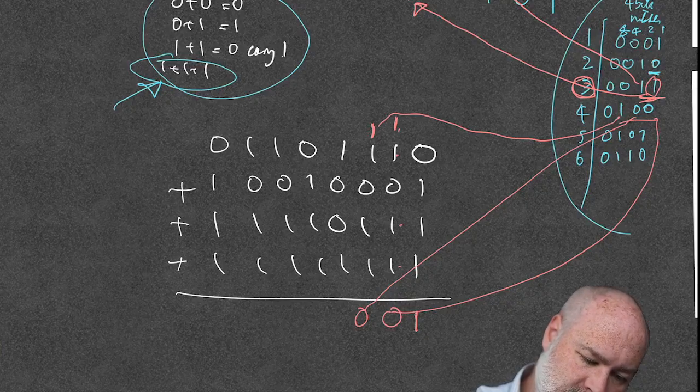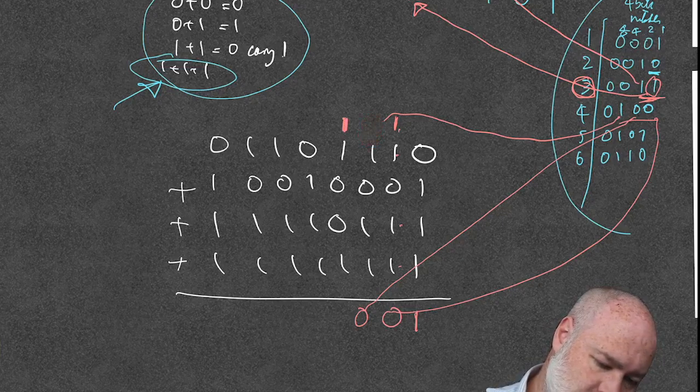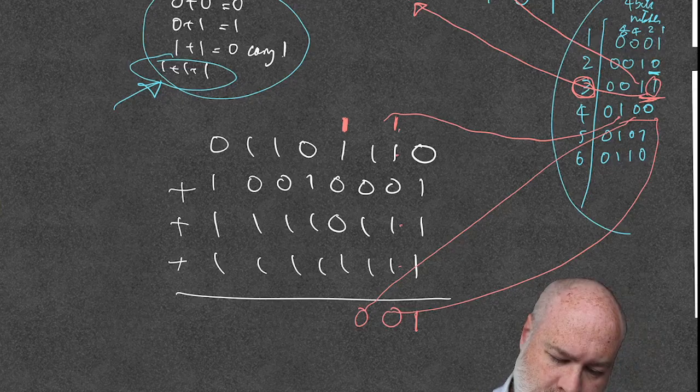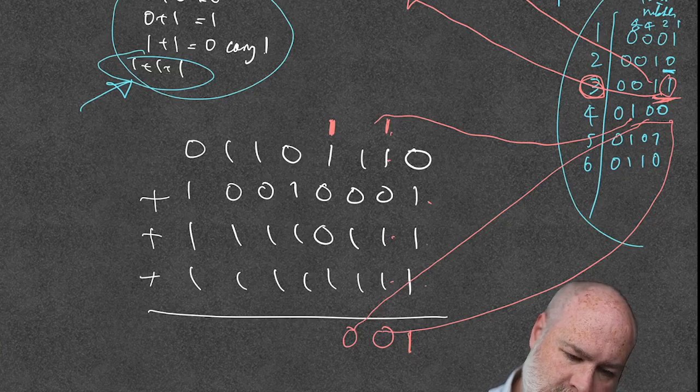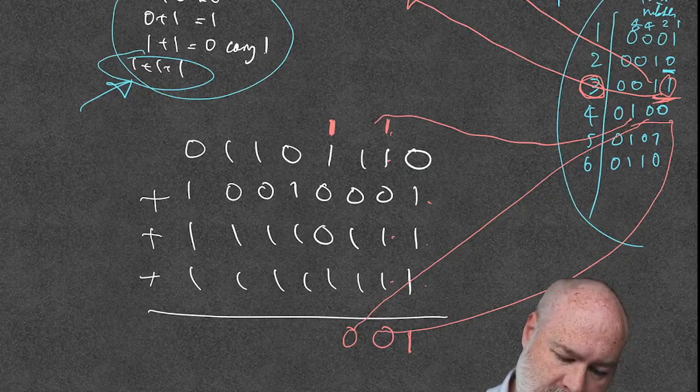Sorry, I've got to be careful here because I've drawn this so close together that I'm going to get myself into a pickle. Let me just double check that this is okay. So 1 plus 1 plus 1 is 1, carry the 1. 1 plus 1 plus 1 plus 1 is 0, 0, 1. Yeah, 1, 1, 1 is 3.